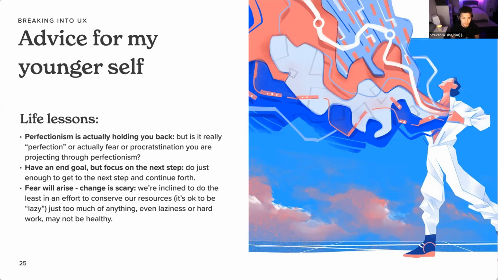And also this observation of laziness, a bit of laziness is also really great, right? But again, too much of anything can be really detrimental to balance overall in life, right? Too much perfectionism, bad. Too much fear, bad. Too much laziness, bad. Too much hard work, also bad, right?